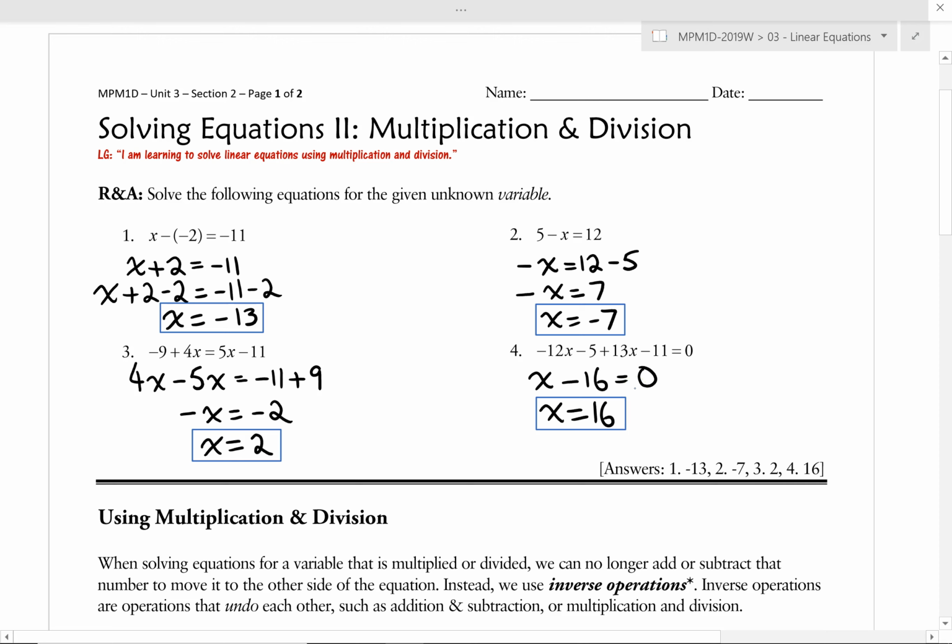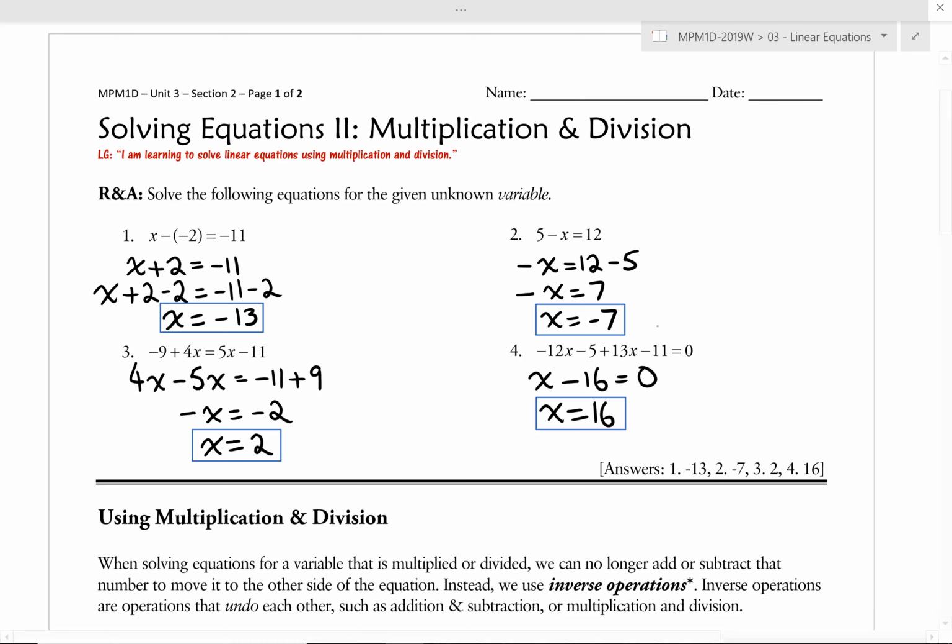And then, of course, all we have to do is move this negative 16 to the right, where it becomes positive, and we're done. So this process of moving terms from one side of the equation to the other is useful whenever we want to collect like terms that are spread out anywhere over the equation, and we can use addition and subtraction for that.